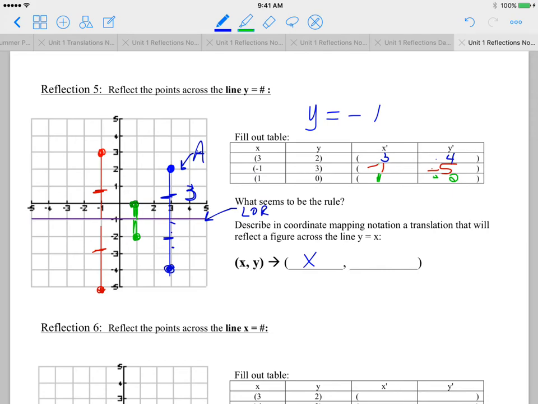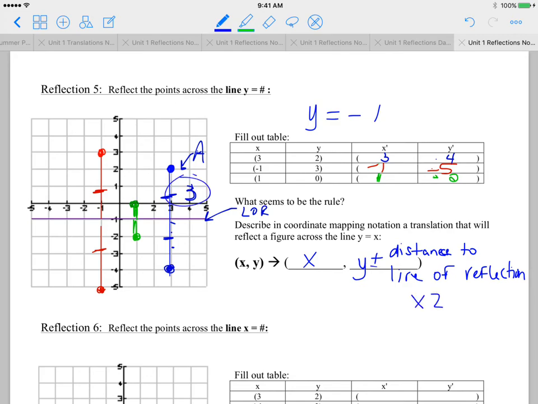All right, so if you want to have a rule, if you don't want to count boxes like we did, I would say it's y plus or minus the distance to the line of reflection times 2.